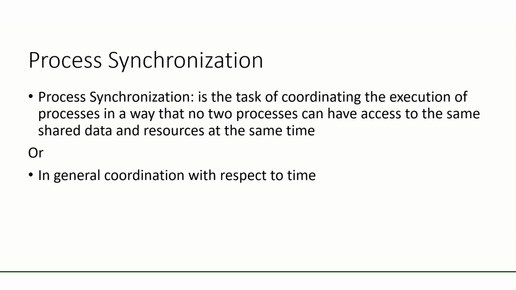This can lead to inconsistency of shared data. So the change made by one process is not necessarily reflected when other processes access the same shared data. To avoid this type of inconsistency of data, the processes need to be synchronized with each other.